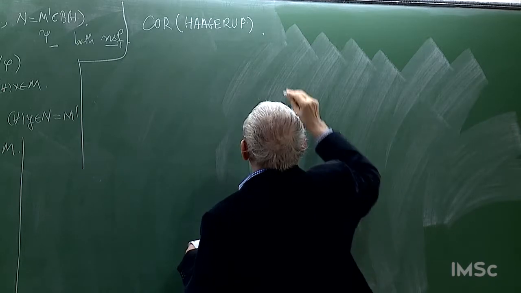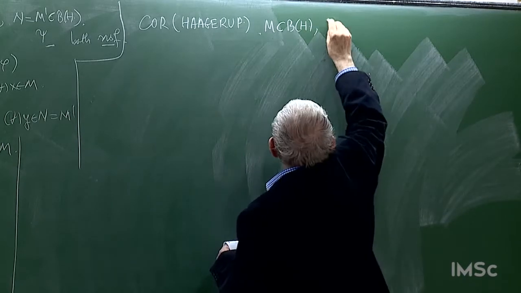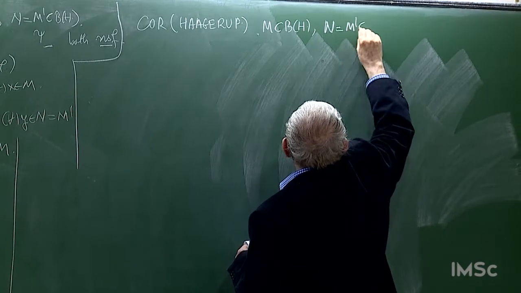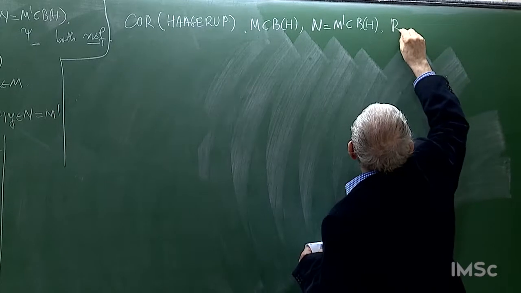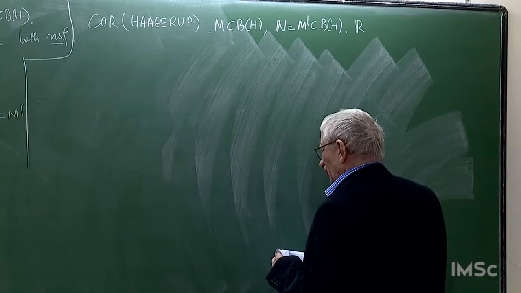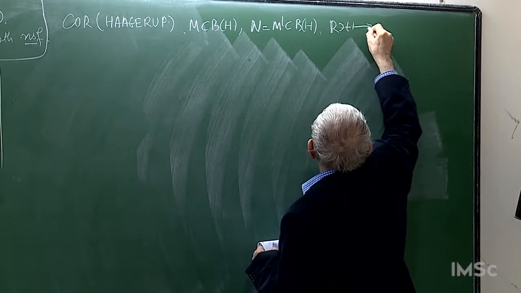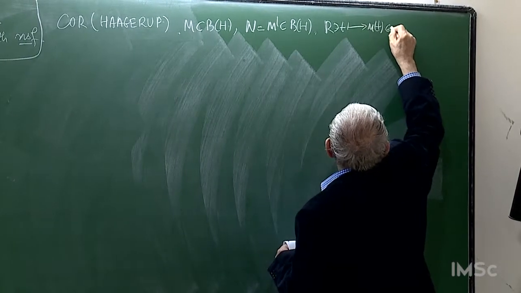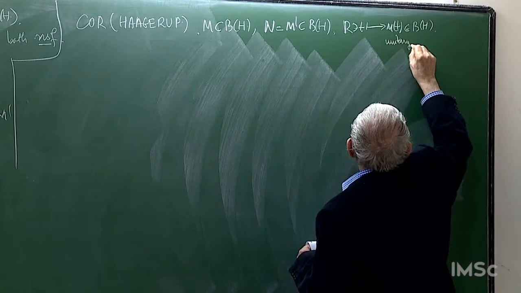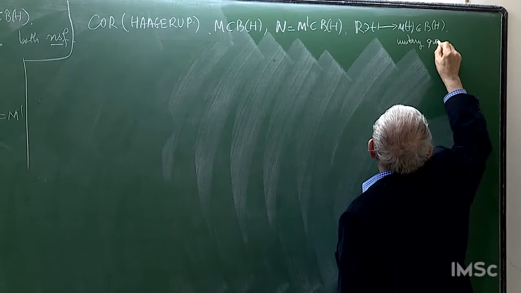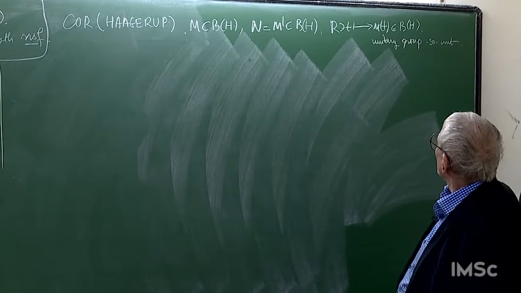You have M in B of H with commutant N, equal to M prime in B of H. And you have an SO continuous one parameter group of unitary operators, t goes to u t, which is in B of H and is unitary.